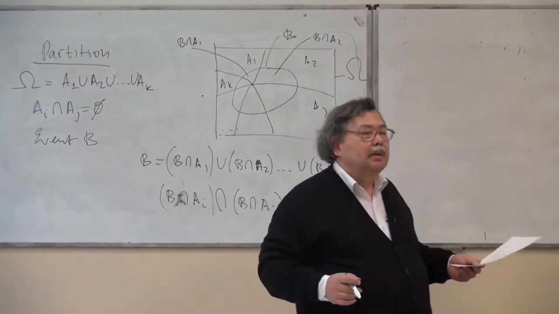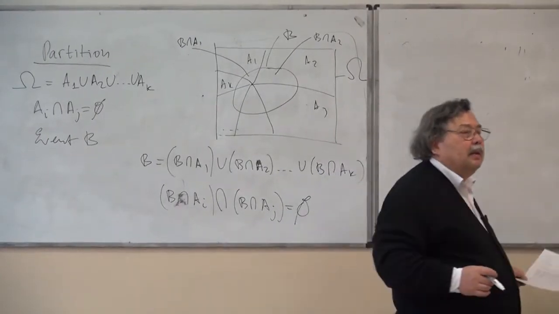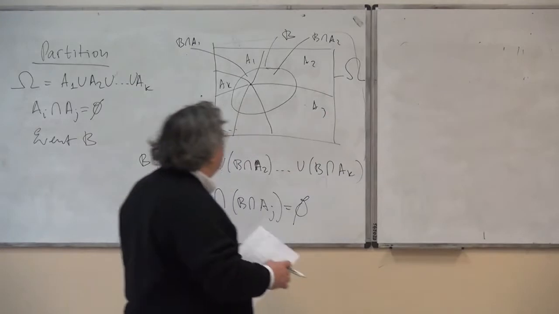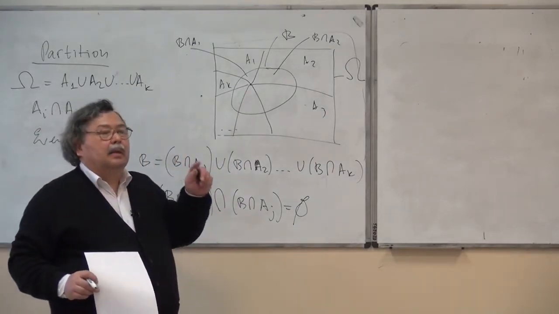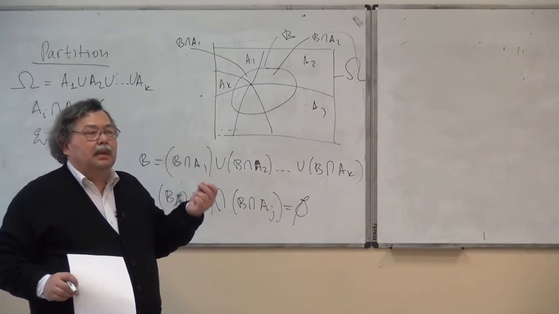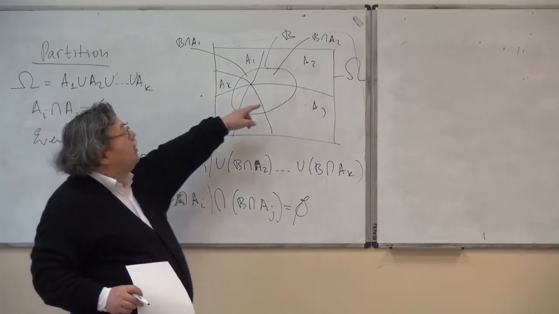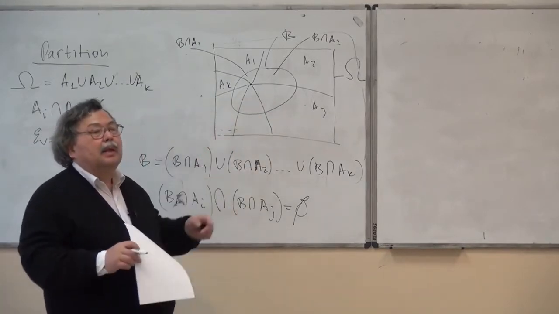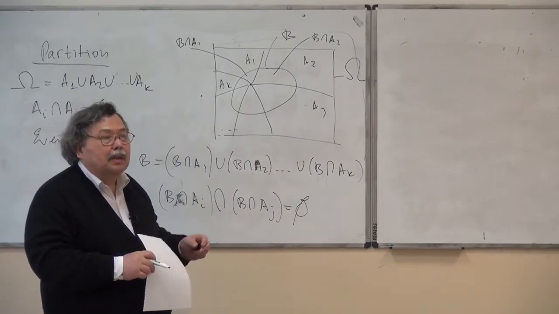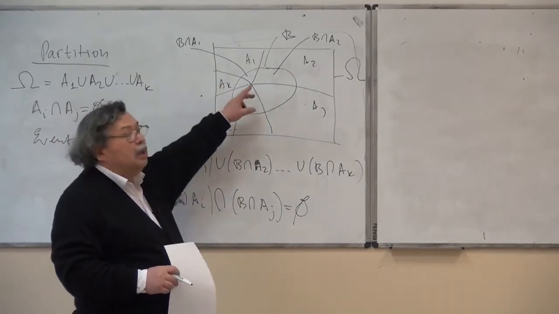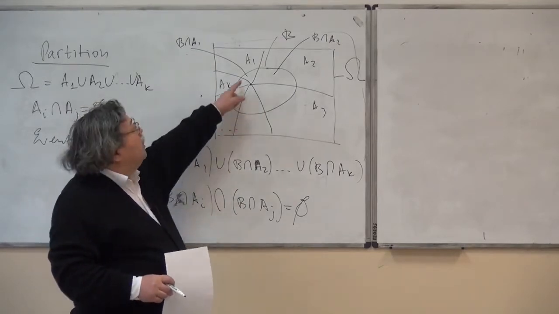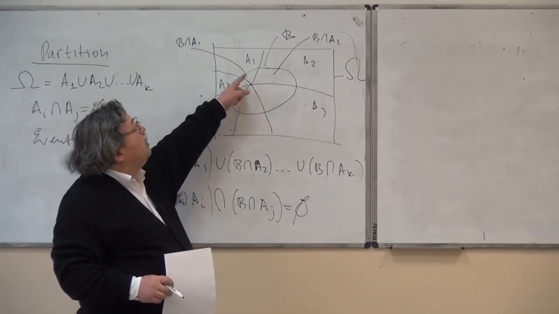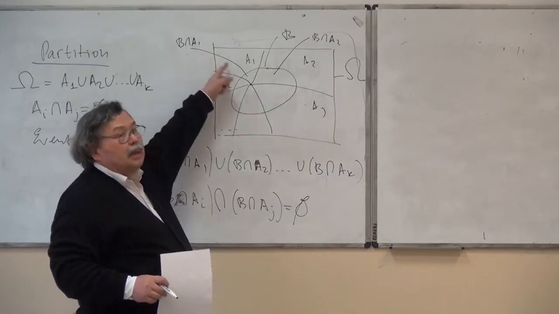Okay. Now, how do we use this observation? Do you have a question? Can you repeat the last part, please? First, okay, let's again repeat the idea, the essence. If we have a partition, then any event B that we may consider also falls into a number of mutually exclusive parts. This is B intersect A1.